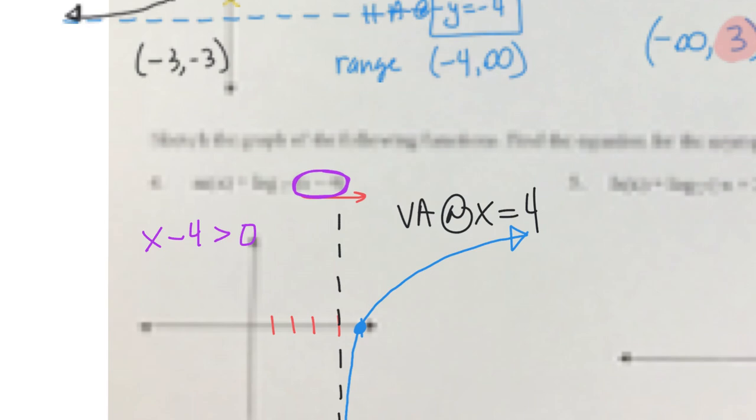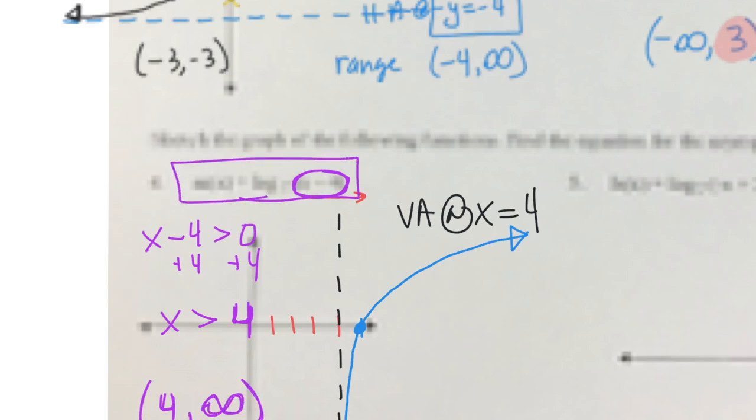So you take your x minus 4, set it bigger than 0, and we solve this equation for x. So x has to be greater than 4, which is 4 to infinity as an interval. So the domain of this graph is from 4 to infinity. And it has a vertical asymptote at x equals 4.